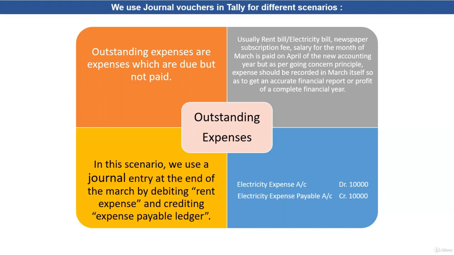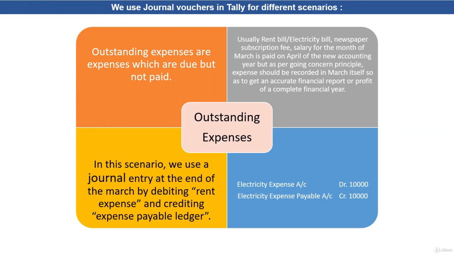Usually the rent bill, electricity bill, newspaper subscription fees, and salary for the month of March are paid in April, that is in the next financial year. But as per the going concern principle, expenses should be recorded in March itself.